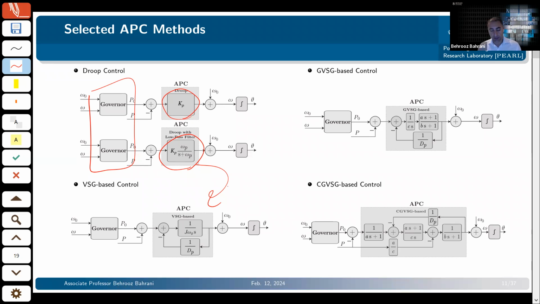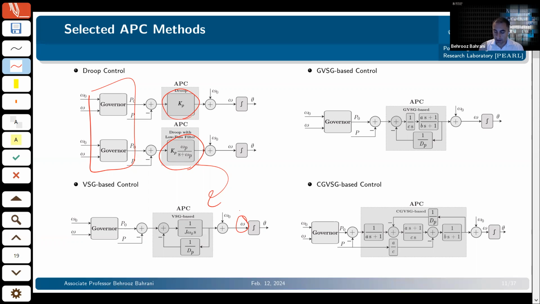What a VSG is essentially doing is emulating the shaft dynamics of a synchronous generator. So essentially, you're writing the swing equation of a synchronous generator there, and you are passing the error in your real power to that, and it will give you the frequency of the system that you're connected to. Essentially, it helps you to get synchronized with the grid without the use of a PLL.